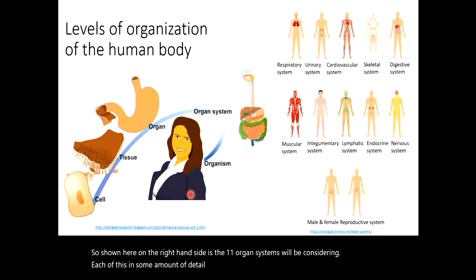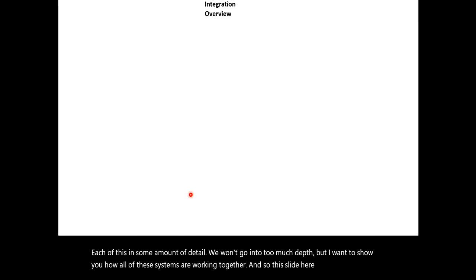We won't go into too much depth, but I want to show you how all of these systems are working together. And so this slide here is telling you how all of these organ systems are integrated and working together, and we will be coming back to this specific slide multiple times in the semester.